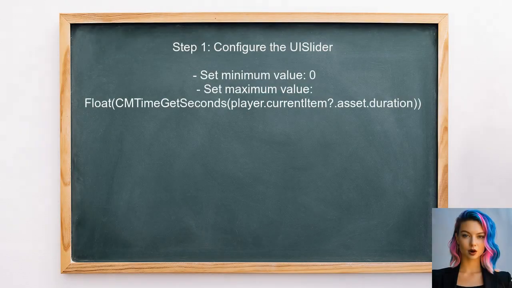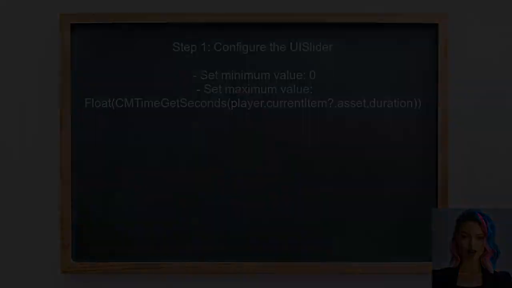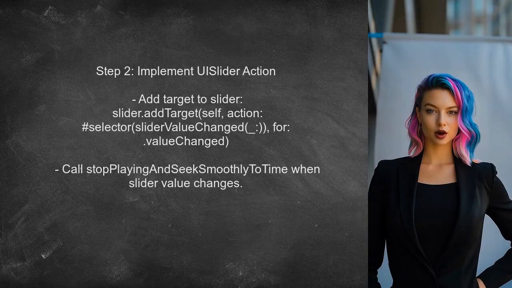To achieve smooth video scrubbing with AVPlayer, the user should first ensure that the UI slider is properly configured. This involves setting the slider's minimum and maximum values based on the video's duration. Next, the user needs to implement the action for the UI slider. This action will call the method to stop playback and seek smoothly to the new time when the slider value changes.